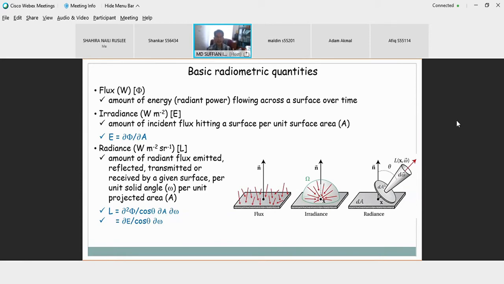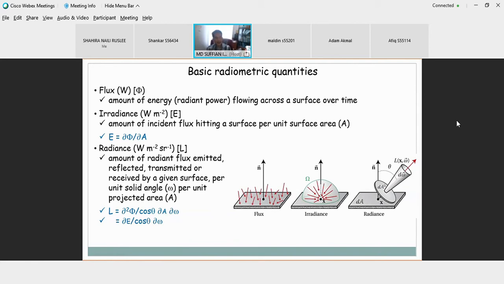Tapi kita bahagi dengan unit keluasan, area. The amount of incident flux hitting a surface, per unit area, watts per meter square. Dan selalunya unit area tu adalah 1 meter square. Kita panggil sebagai irradiance. Solar irradiance.